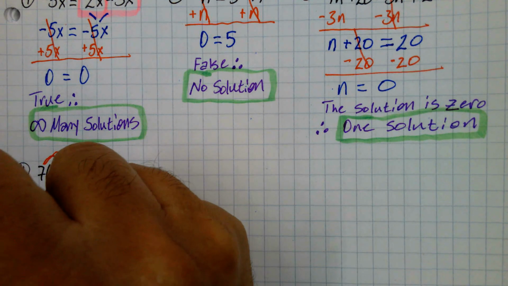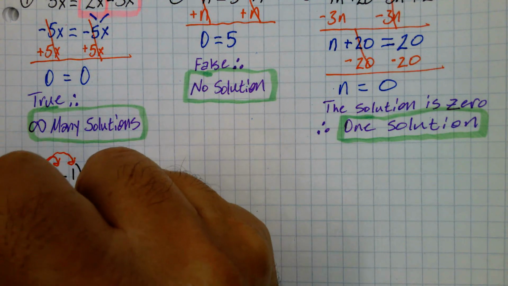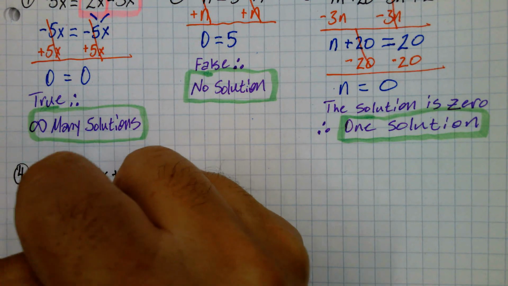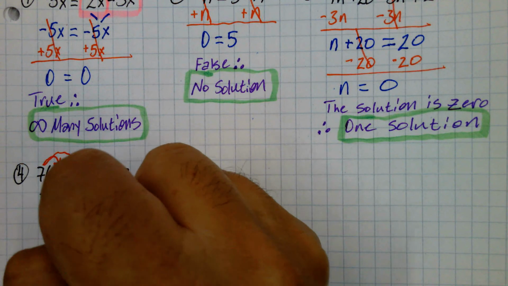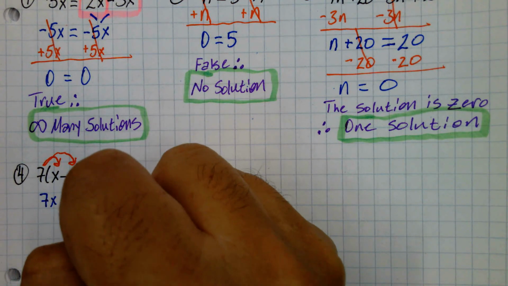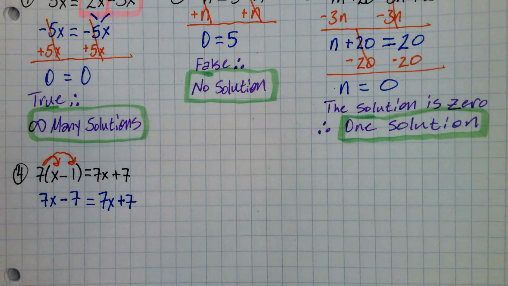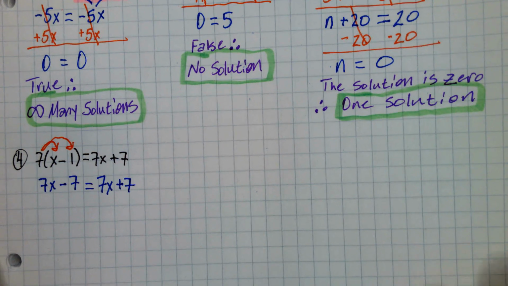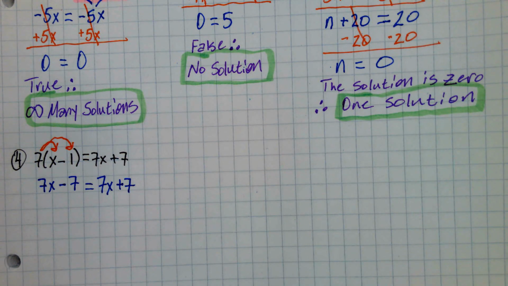We get 7x minus 7 equals 7x plus 7. What do you think? Is it going to be 1, none, or infinitely many?